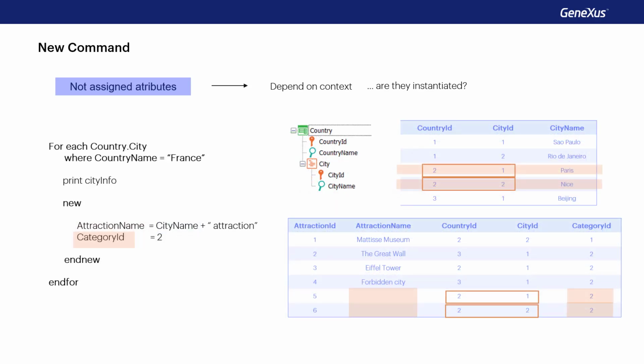What would happen if we wanted the same two records to be inserted in attraction, but with an empty attraction name? It would seem that by simply not assigning a value to attraction name, we would be implementing it. However, if we look at the attributes that Genexus will use to determine the base table of the new command, there is only category ID.